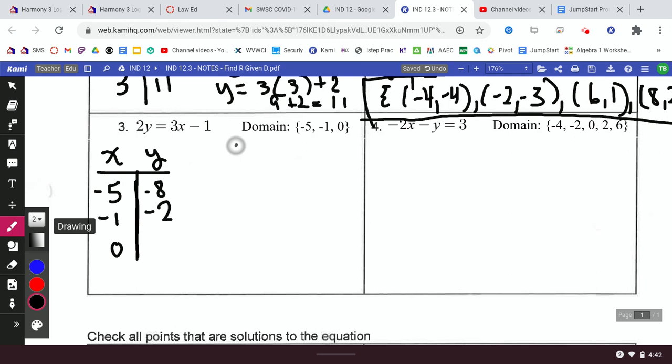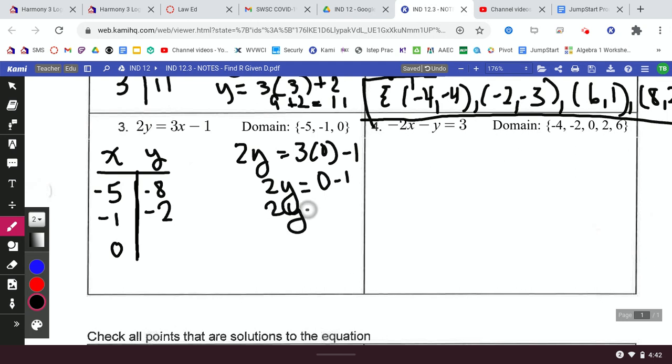So if we plug a 0, we've got 2y equals 3 times 0 minus 1. 2y equals, well, 3 times 0 is just 0, right? 0 minus 1. So 2y equals -1, and then I divide by 2 to get my y by itself, and I get y equals -1/2. So when x is 0, y is -1/2.